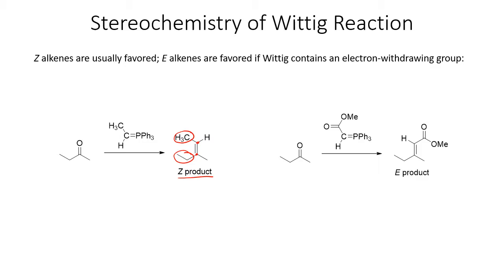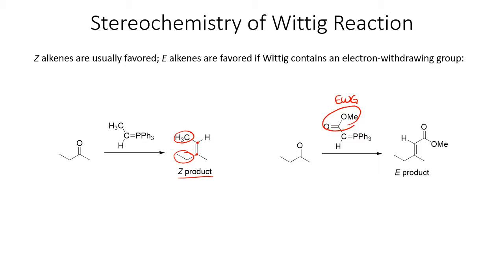However, if the Wittig reagent contains an electron withdrawing group directly attached to it, so in this example, we have a carbonyl, an ester functional group. This is an electron withdrawing group. Electron withdrawing groups actually promote the formation of the E product.